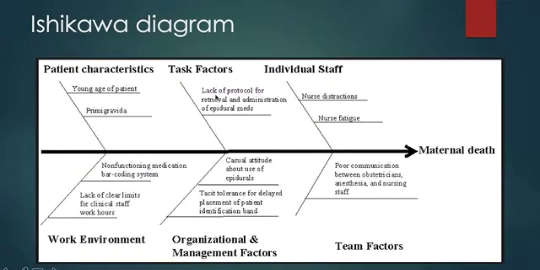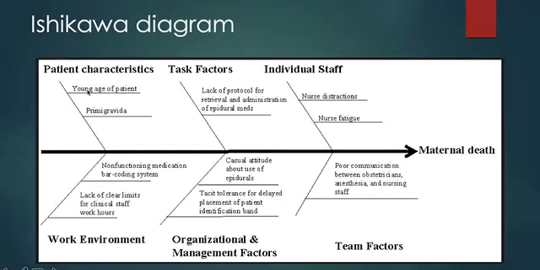Task factors: lack of protocol for retrieval and administration of epidural meds. So this is about protocol, which is about policies and communication, I think, right? Protocol is how nurses and doctors are expected to perform and proceed when there is a problem. So maybe there's a lack of protocol.